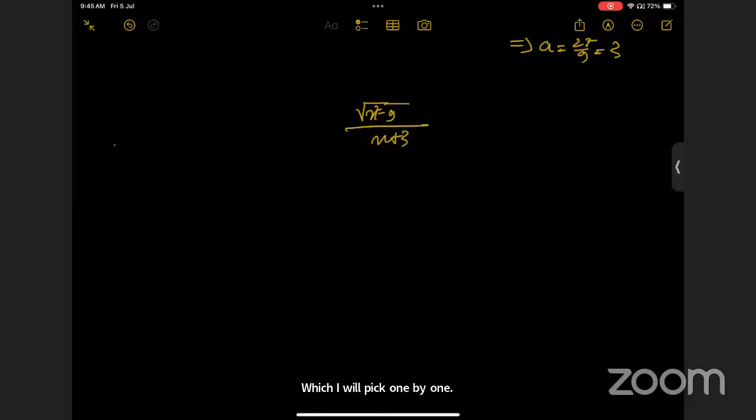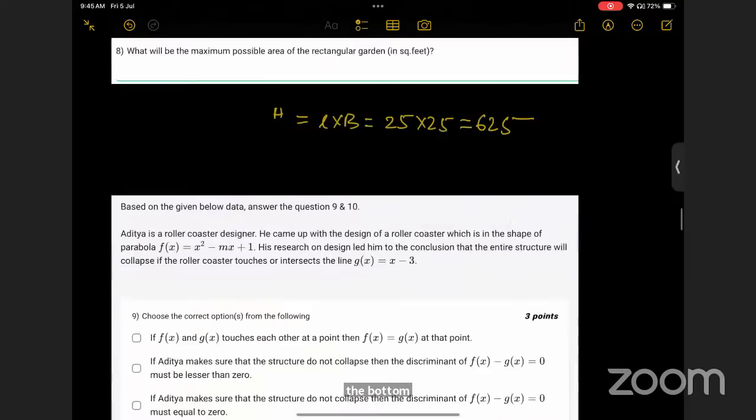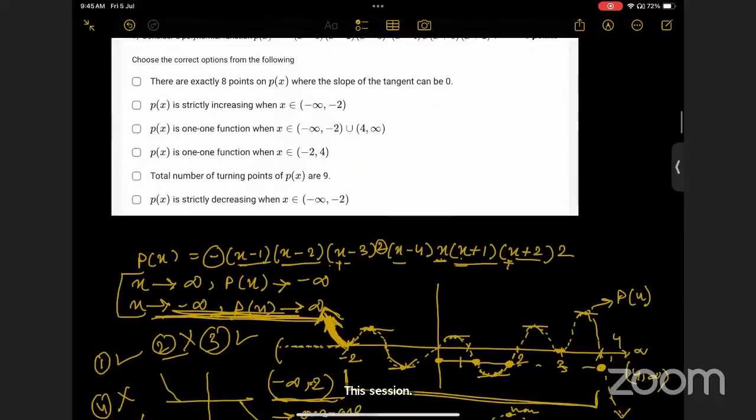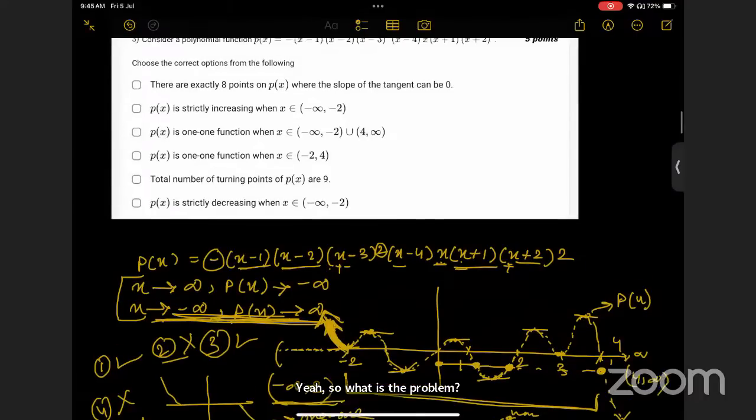There are exactly 8 points where the slope can be 0, strictly increasing. Yes, this one. Ma'am, please explain this question.